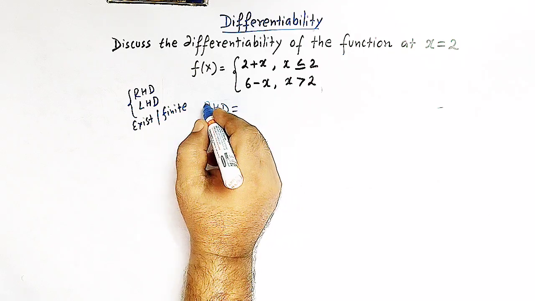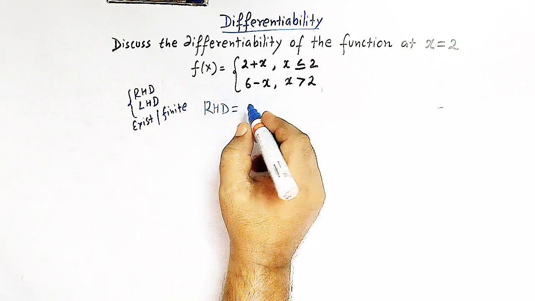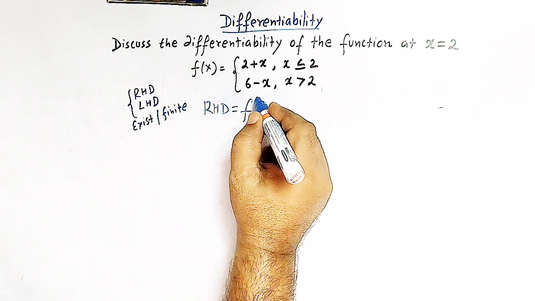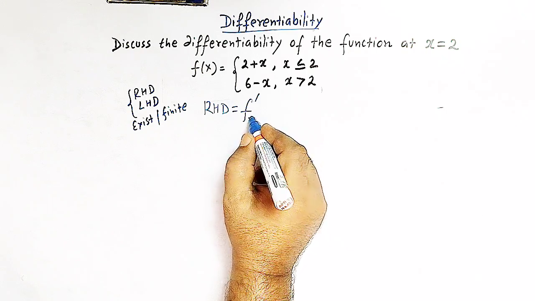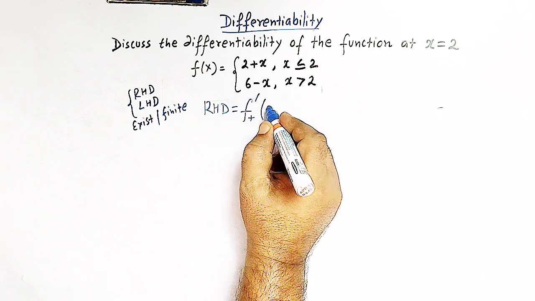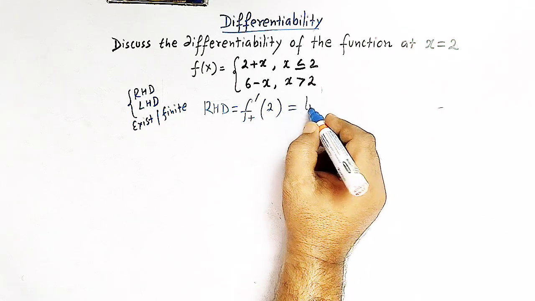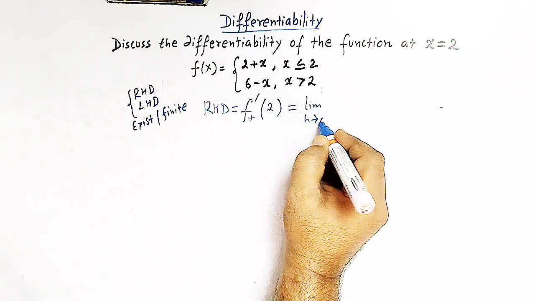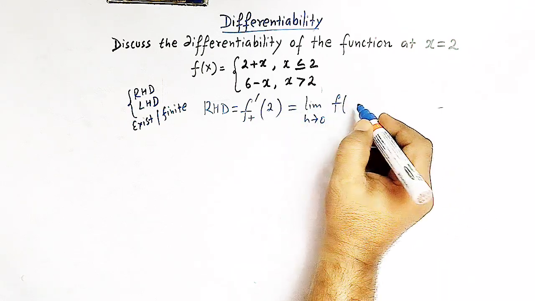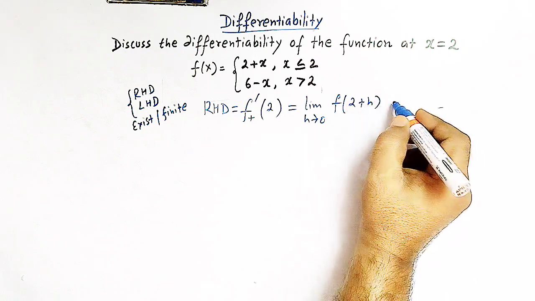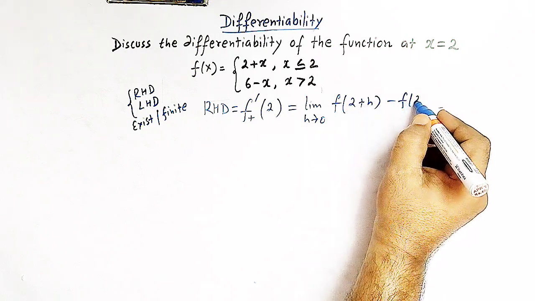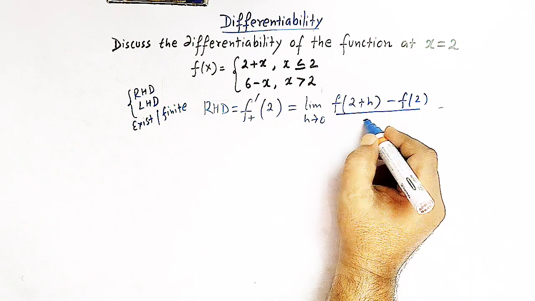The notation for right hand derivative may be taken as f prime, here we write positive, and here we have 2, right? So we have limit h tends to 0, and we have f of 2 plus h minus f of 2 divided by h.